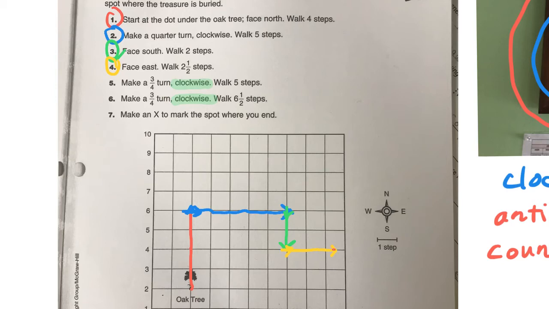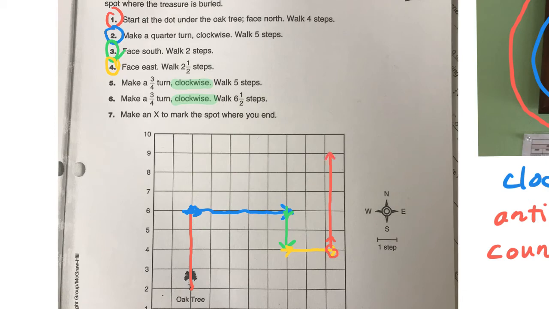So I'm going to turn 1, 2, 3. Then I'm going to be facing this way. And now I'm going 5 steps. 1, 2, 3, 4, 5.